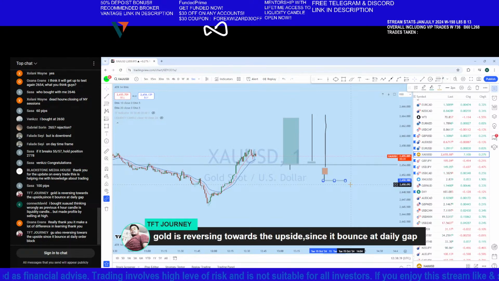You see, this is where you need to connect the dots with price action, timing, and sessions.